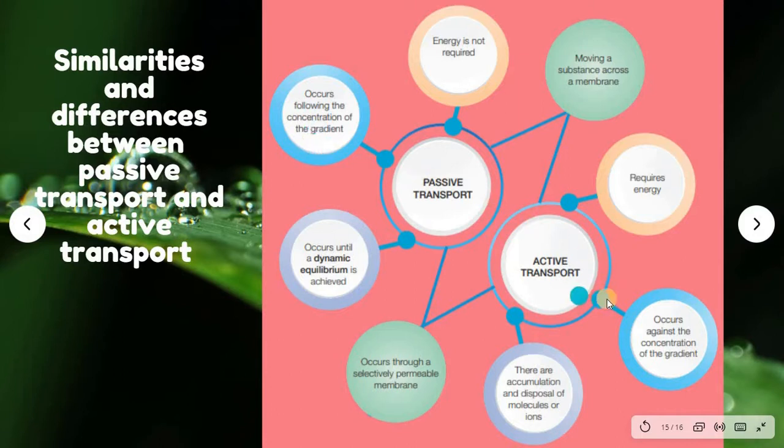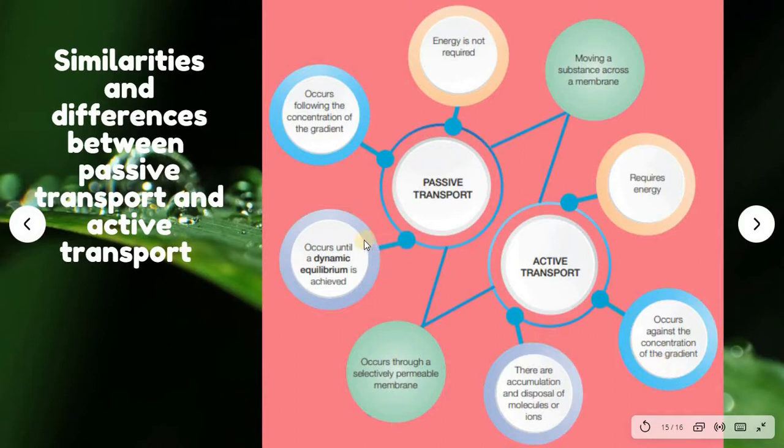While active transport occurs against the concentration gradient, moving from lower concentration area to higher concentration area.